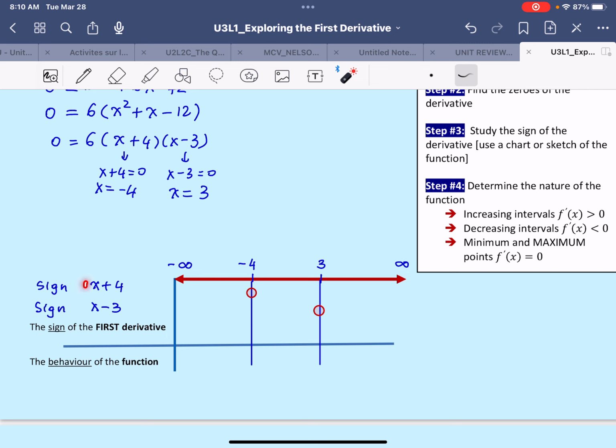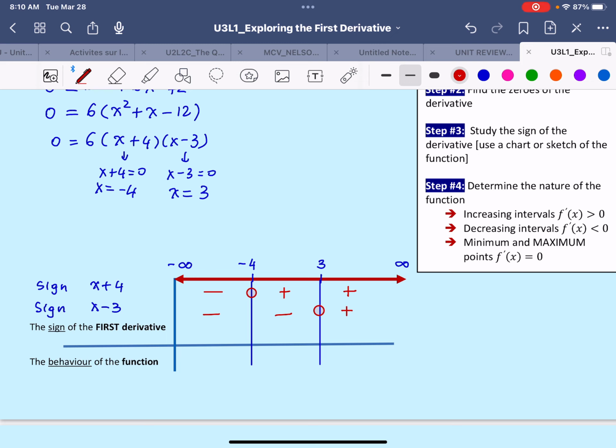As you can see, these are two linears with positive leading coefficient, which means that the values of y will go from negative, hit 0, and then become positive. So for the first factor, we have negative, and then after 0, it turns positive. The second factor, x minus 3, will be negative initially, and after it hits the 0, becomes positive.